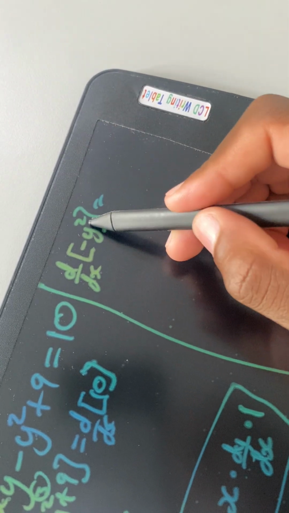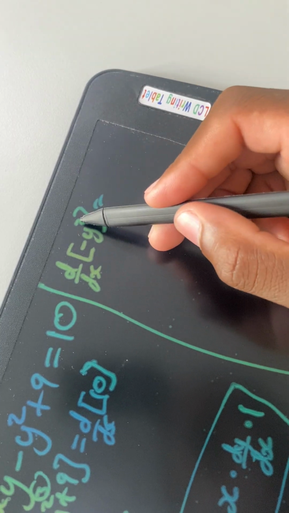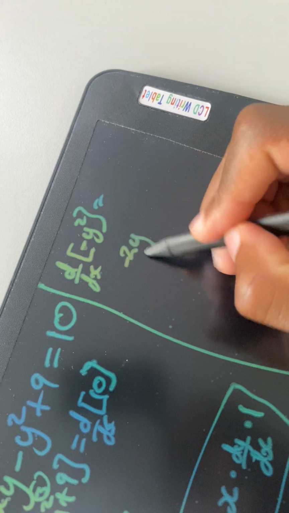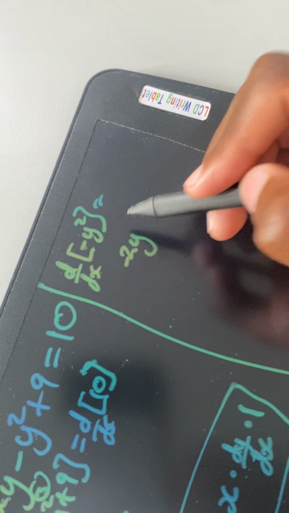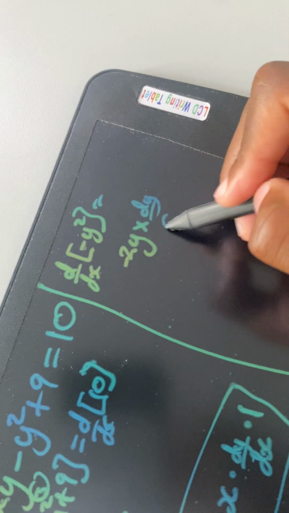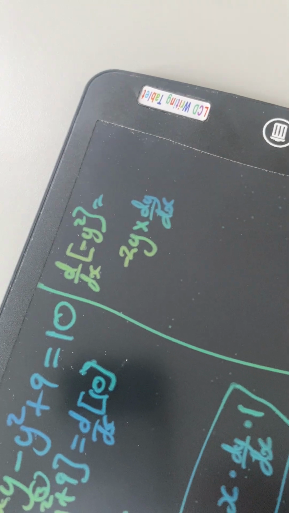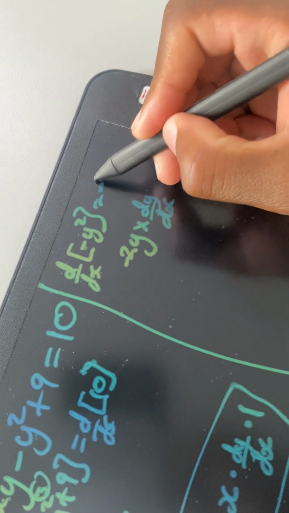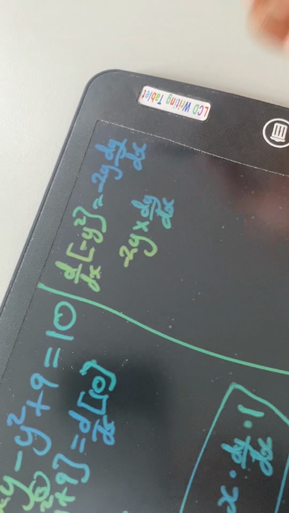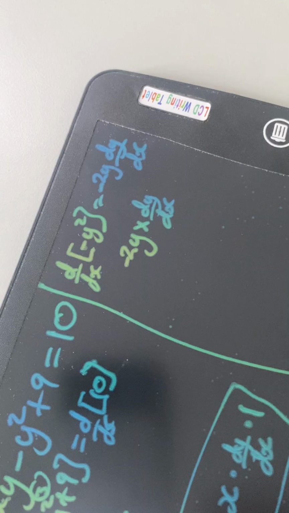We are finding the first derivative of a y variable. It's just going to be 2 multiplied by negative 1, which is negative 2y, and then we reduce the power by 1, which is 1, right? Multiplied by dy dx. That's what you do, which means this is going to be minus 2y dy dx, isn't it?